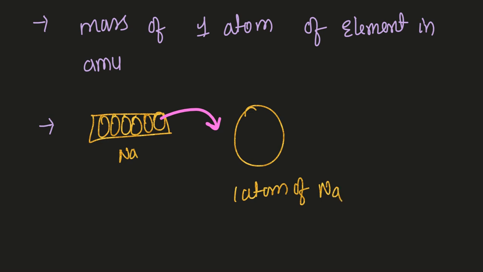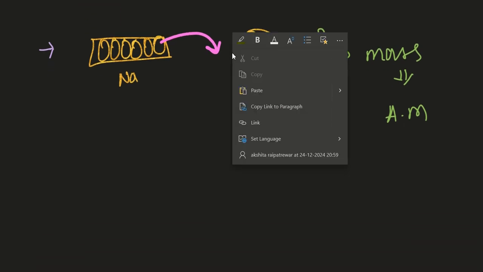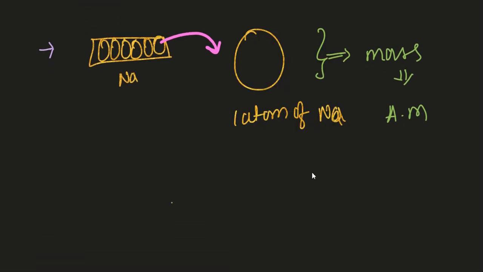Whatever mass you have for this one atom, that mass we call atomic mass. So atomic mass is nothing but the mass of only one atom of sodium, and its value was found to be 23 AMU.